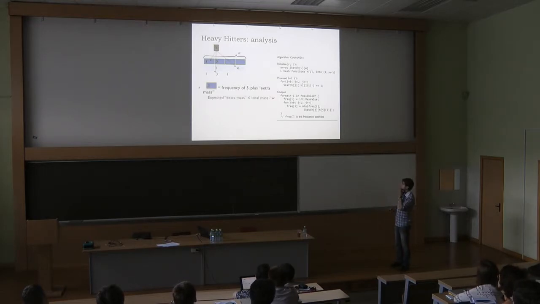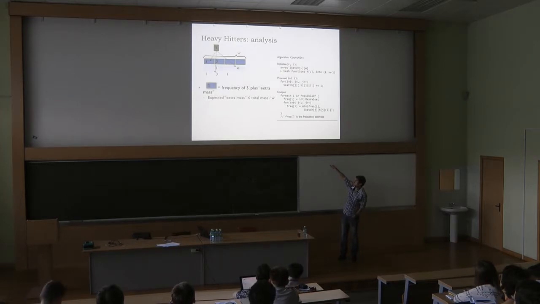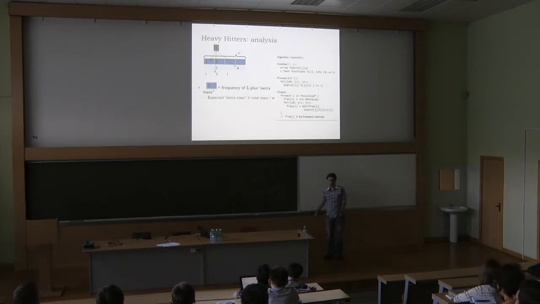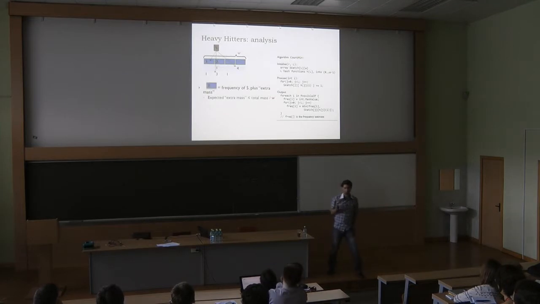And what is this extra mass? In expectation, the expected extra mass is at most total mass divided by W. Why is this happening?